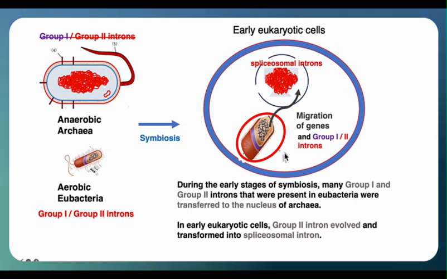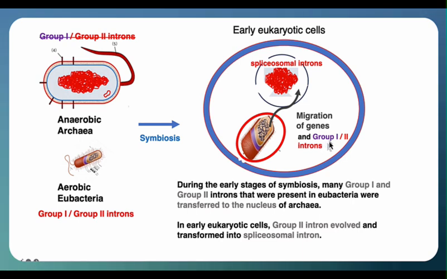It is also known that in early eukaryotes, many genes from the engulfed eubacterium were transferred to the archaeal nuclear genome. This gene transfer would naturally include the transfer of Group I and Group II introns.